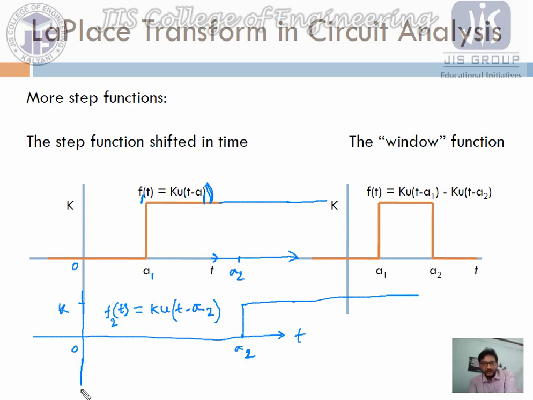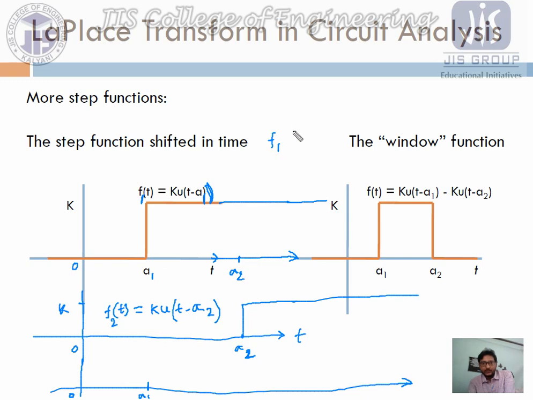So what will the resultant be? The resultant function will be like this. Here the value is 0, so 0 minus 0 is 0. At time a1, the value is k and the other value is 0, so k minus 0. We are mathematically solving f1 minus f2.